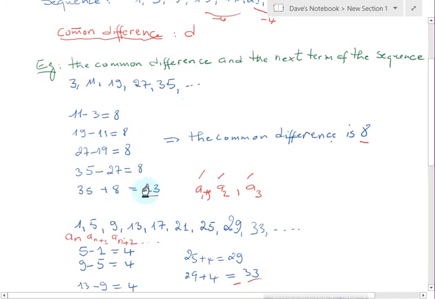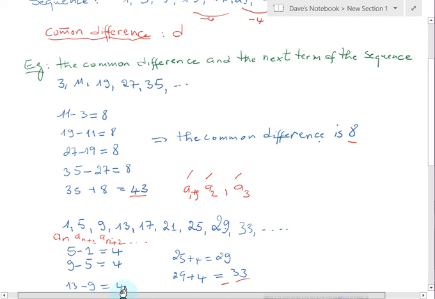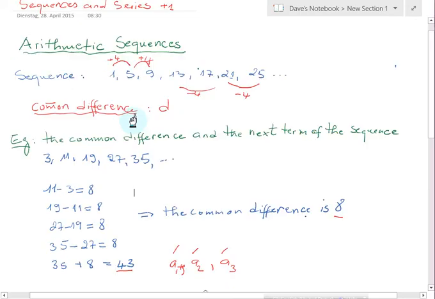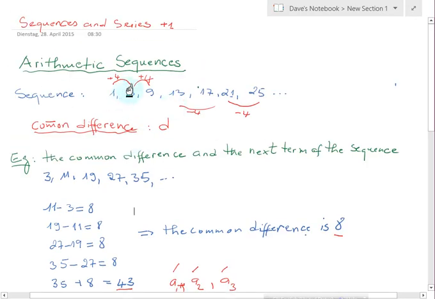I've got an example right here. We have to find the common difference and the next term of this sequence below. We said before that it is by adding or subtracting the same value.